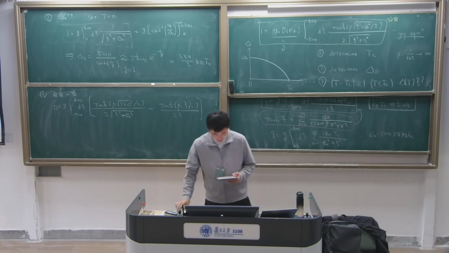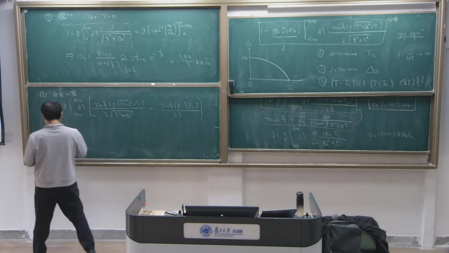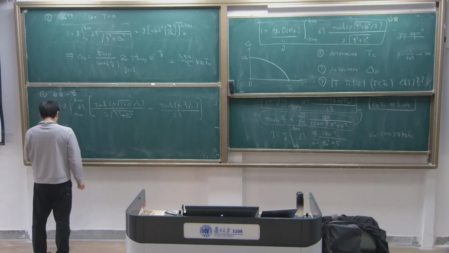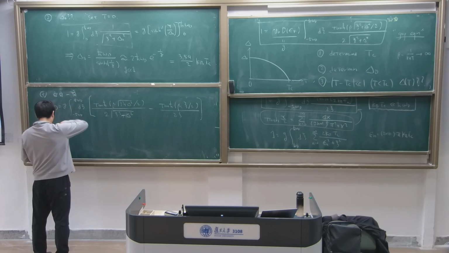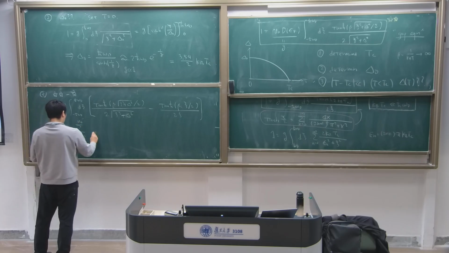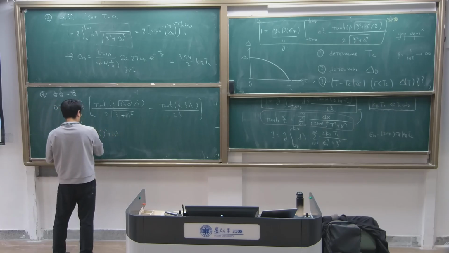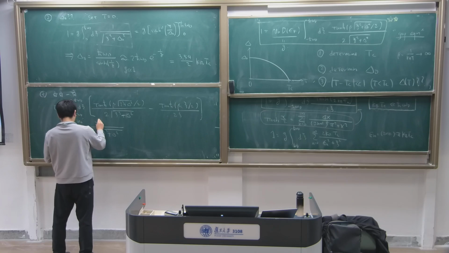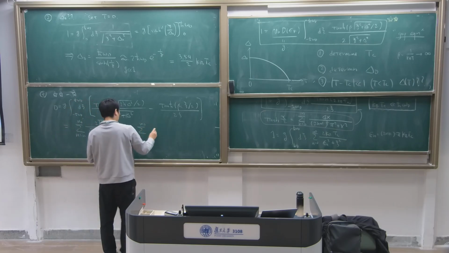Then what you get is this. It's not so difficult to do. Now we don't need G here because G is irrelevant. And then what you get is like this. I mean, it's just a calculation.